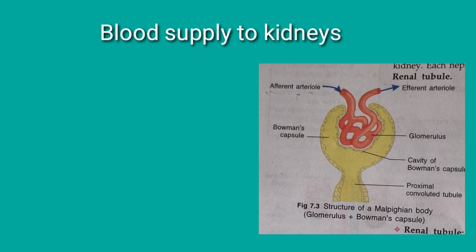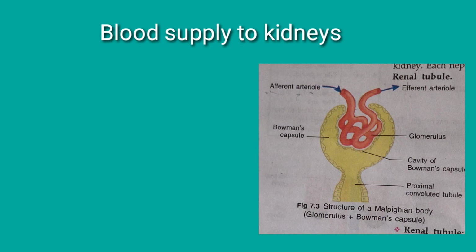Next, we will be discussing in detail the different arteries and veins which supply blood to the kidney. The kidney receives blood by a pair of renal arteries that arise from the dorsal aorta.